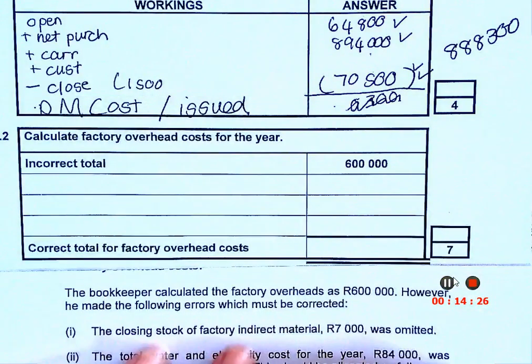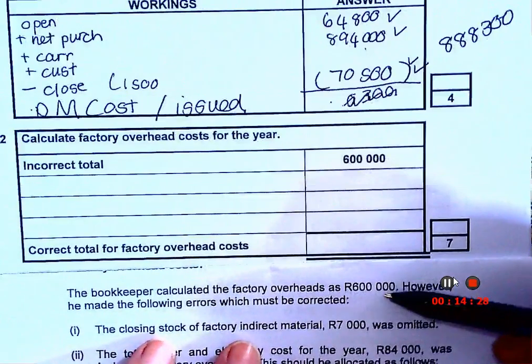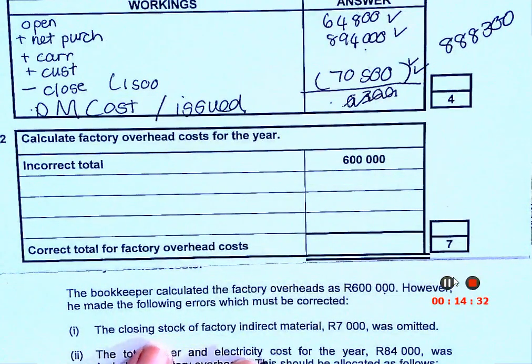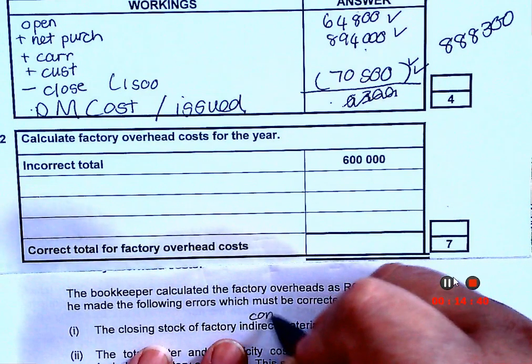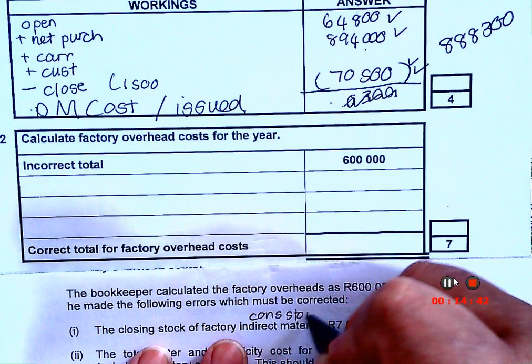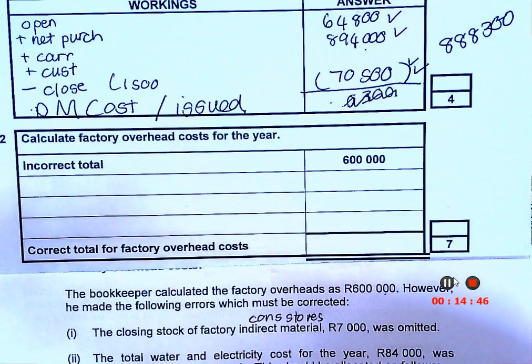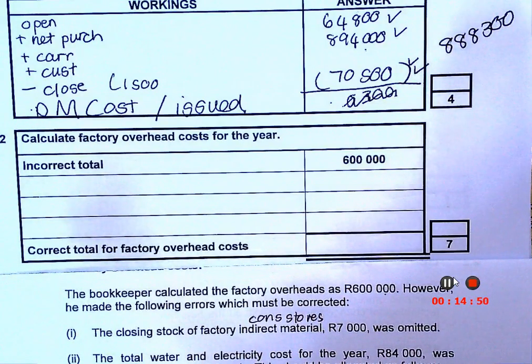Okay? So, let's go look. First thing, they say the bookkeeper calculated it wrong as 600. So let's go look. The closing stock of factory indirect material, meaning consumable stores, was omitted. Now, can you see they don't give me anything else? So what did they do?